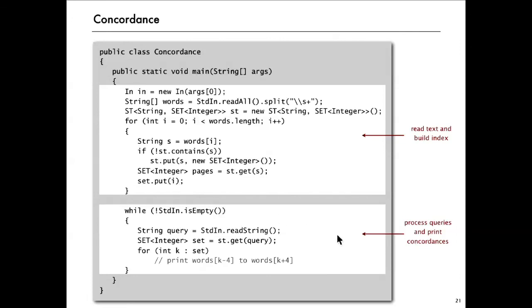And then that allows us to process queries where we take a query and then get the set of indices associated with that query, and then we've left out the code where you print out the 9 words that you want, the 4 to the left and the 4 to the right. Again, quite useful and familiar functionality and very easy to implement with our symbol table client.